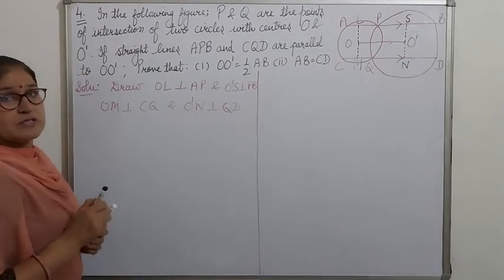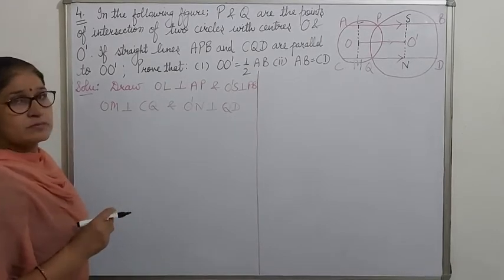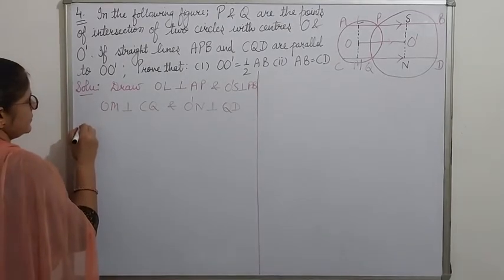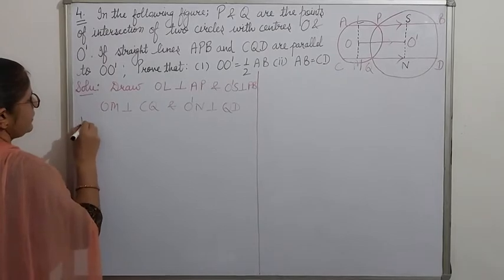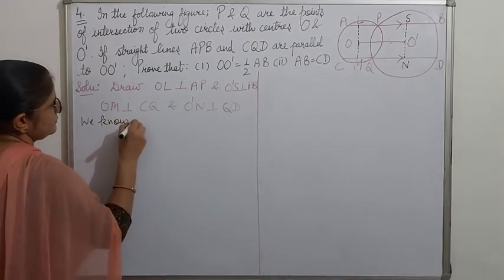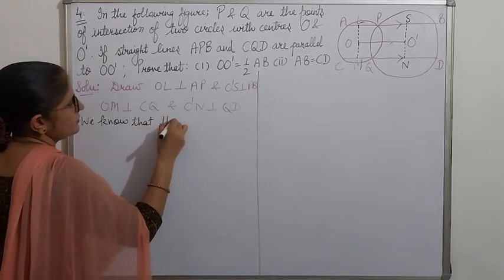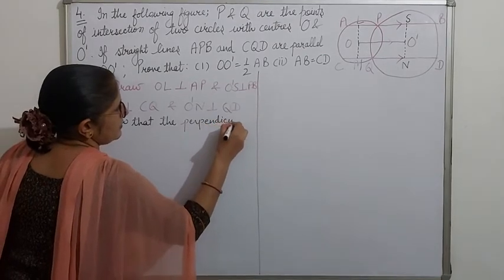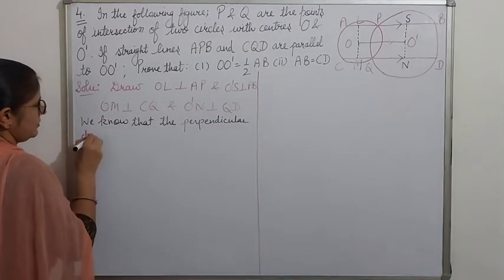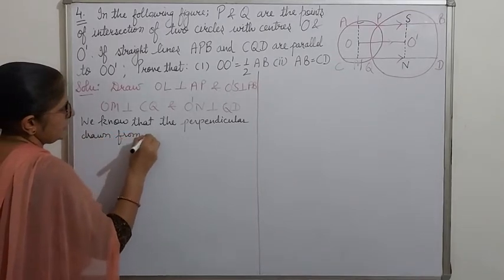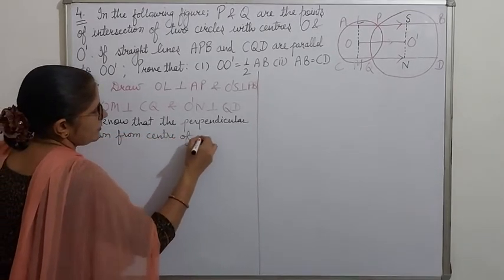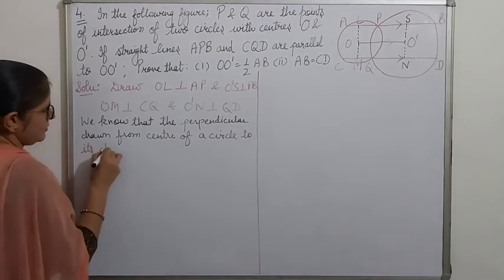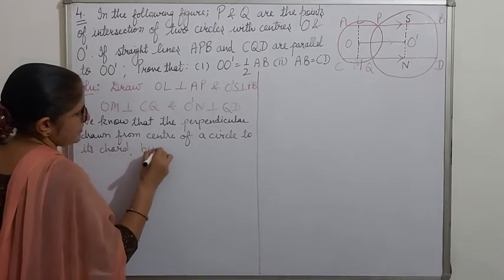According to the property of circle, the perpendicular drawn from the center to a chord bisects the chord. We know that the perpendicular drawn from the center of a circle to its chord bisects the chord.